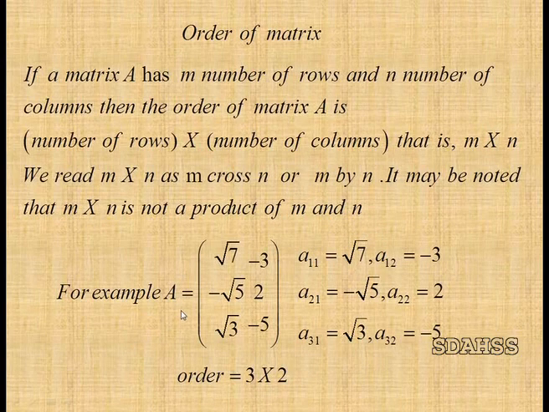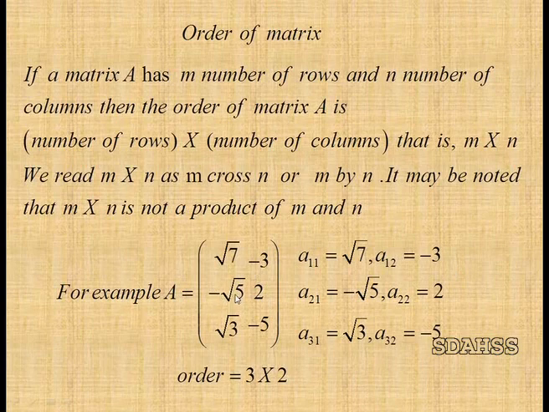See, for example, the matrix with rows root 7, minus 3; minus root 5, 2; root 3, minus 5. A11 represents the element present in the first row and first column, which is equal to root 7. A12 means the element present in the first row and second column, which is equal to minus 3.